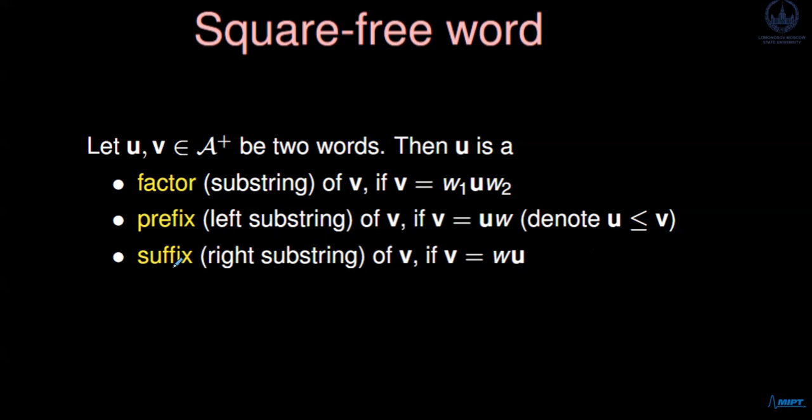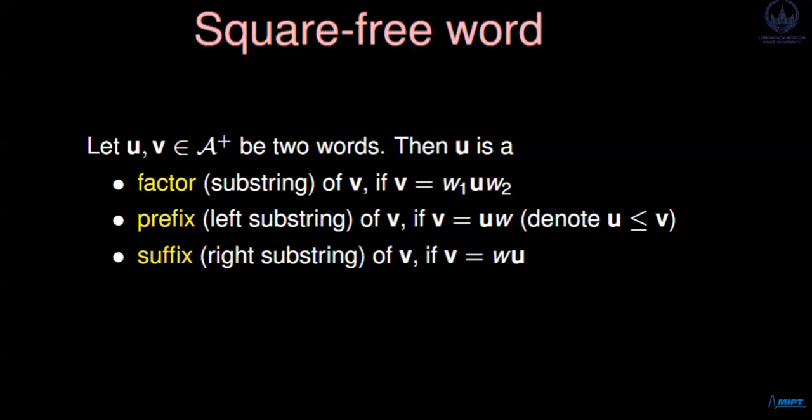In this case, U forms the end or right part of V. This is essentially the opposite of a prefix, as word U appears at the end of V. These three concepts, factors, prefixes, and suffixes, help us break down and analyze words in different ways, whether we are dealing with coding theory, text algorithms, or formal languages. Understanding how words are built up from smaller parts is essential.